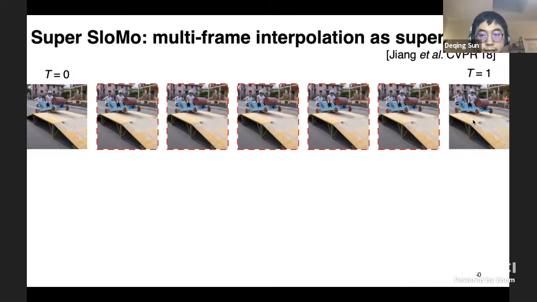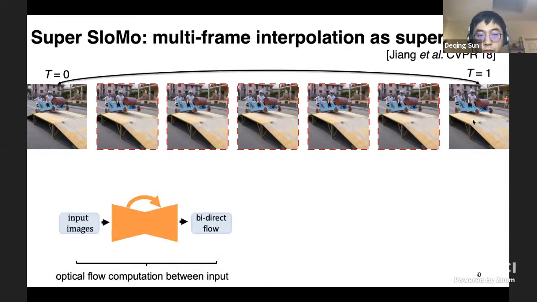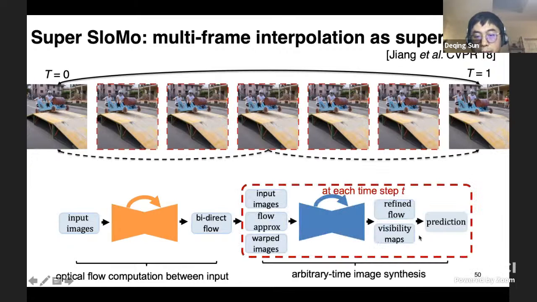What we did is we first predict the optical flow between the two input frames, and then we approximate the optical flow from the target frame to the two input frames. And then we use a network to fix the errors in the approximation to get the predicted frame.